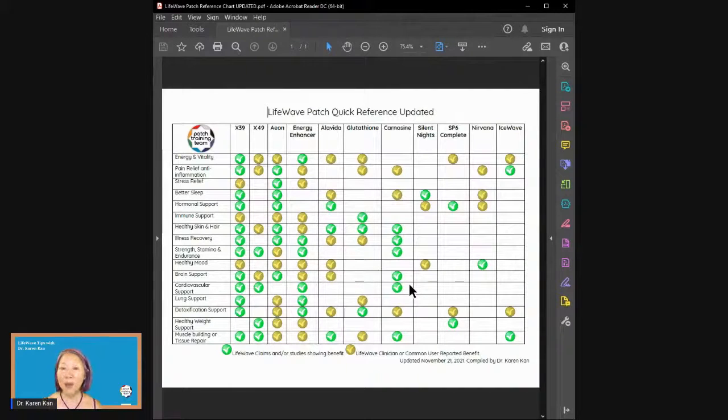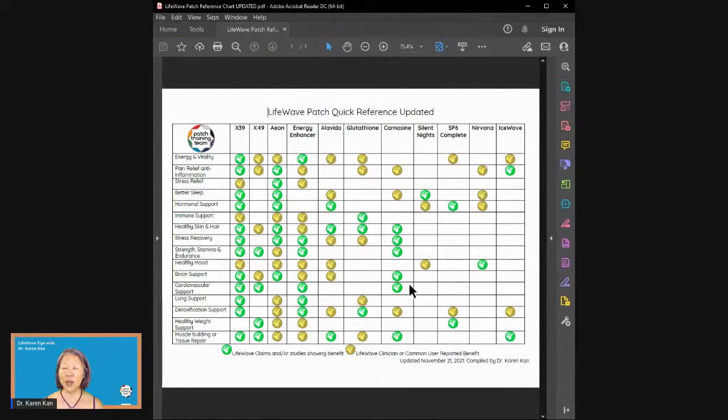So it can be helpful to have a team member who can give you that specific, but I don't want you to feel like you have to know all these different recipes, because the patches themselves, when they're placed on the acupuncture points that are in the brochure, often will still help the entire body.